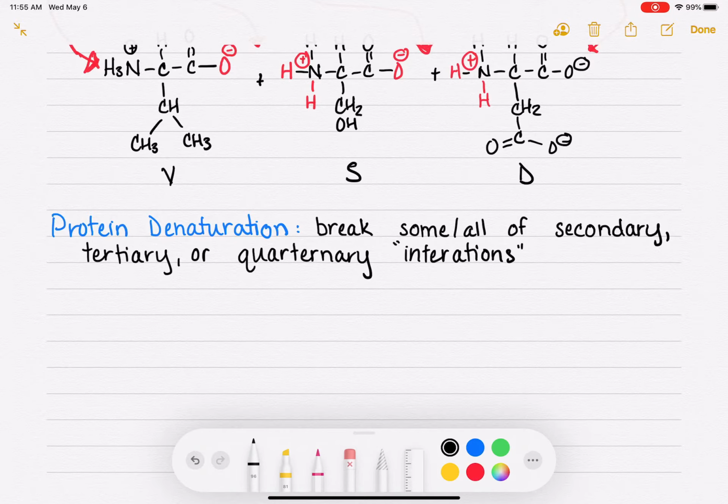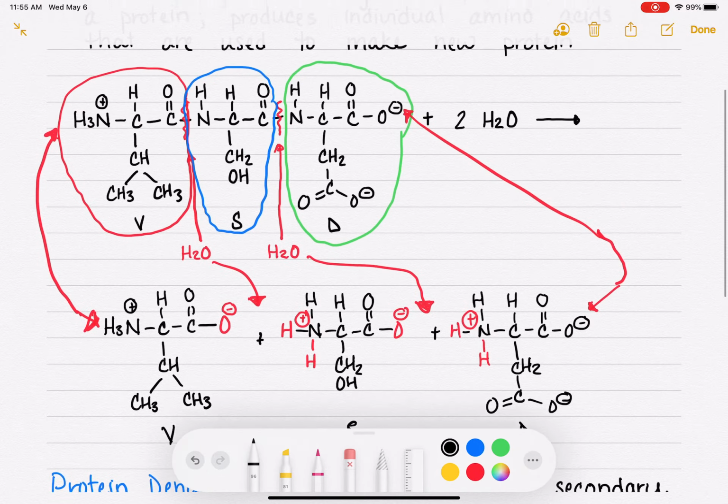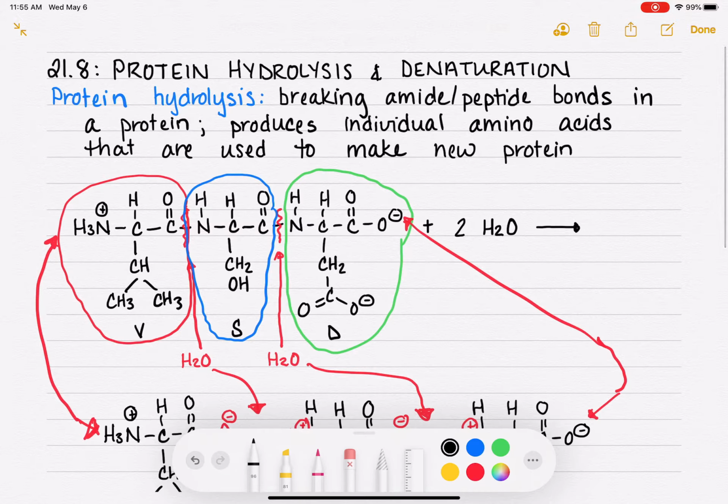So the hydrolysis of a protein breaks or acts on the primary structure in a disassembly sort of process. This is something that happens only to the primary structure of a protein.